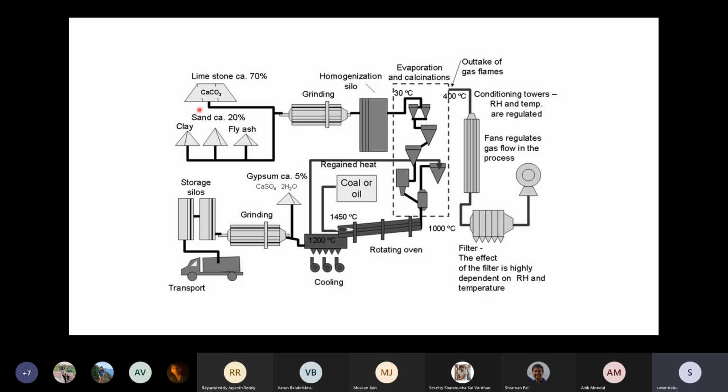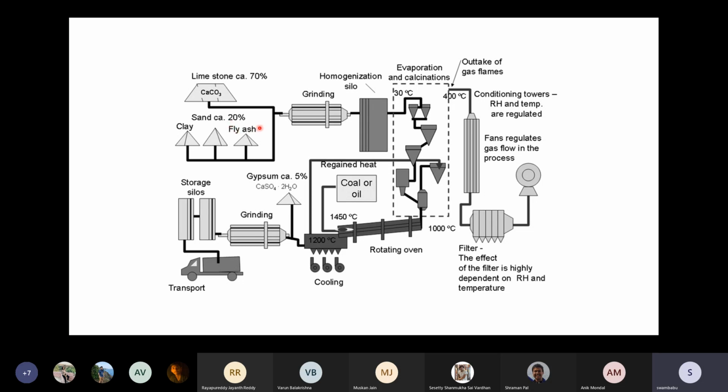So they're mixing the sand and fly ash. Fly ash is actually not needed for the cement production process, but fly ash is the slag, a byproduct that comes from either steel plants or many other industries.